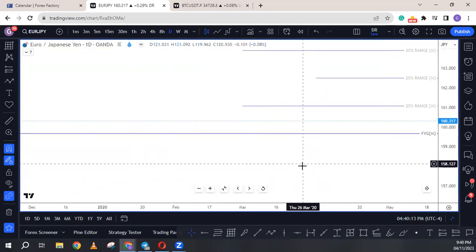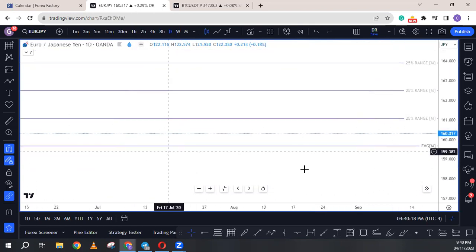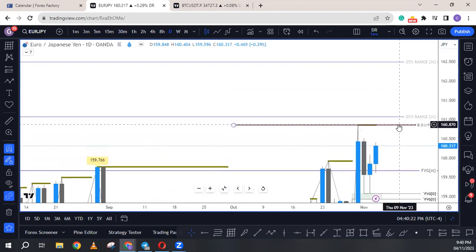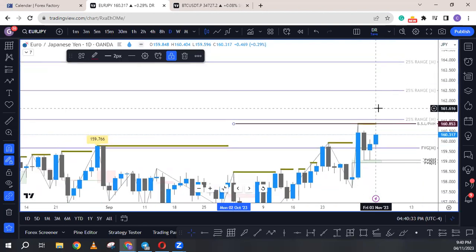Let's see. If it takes out first, it's going to go for the previous week's high. That's at 160.85. Then it's going to go for this quadrant. This quadrant is from the monthly time frame.